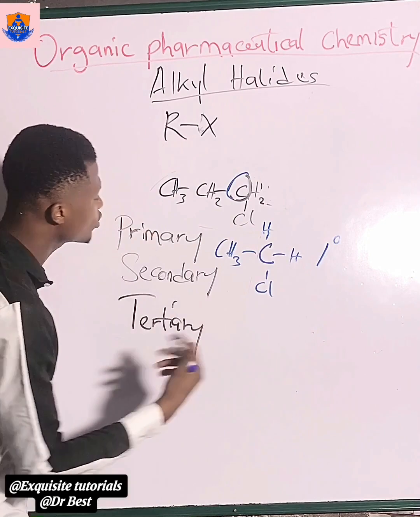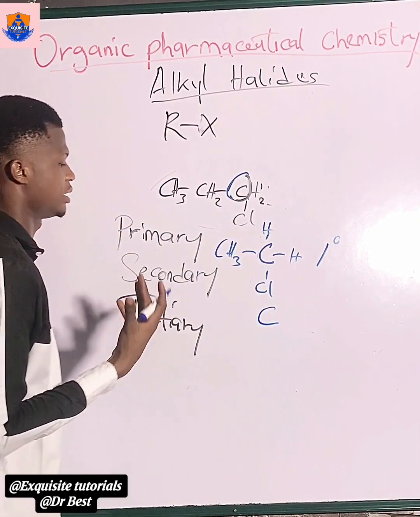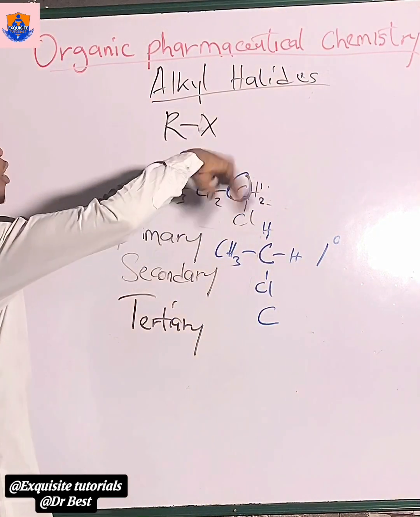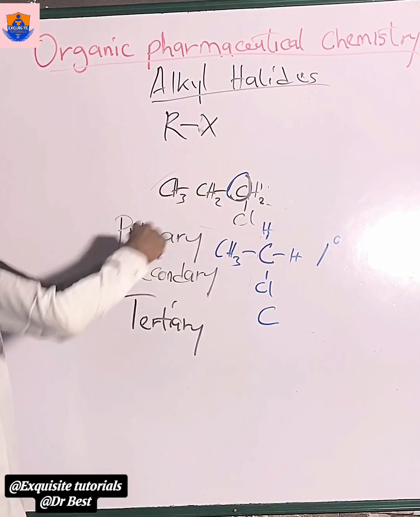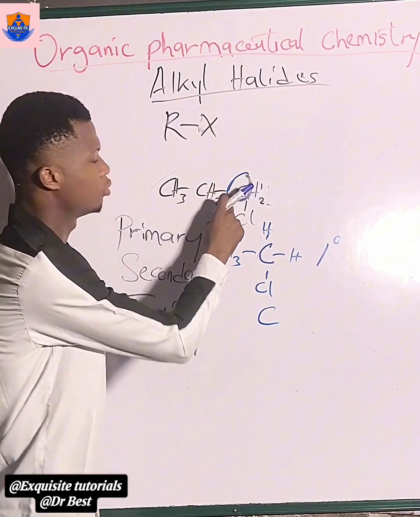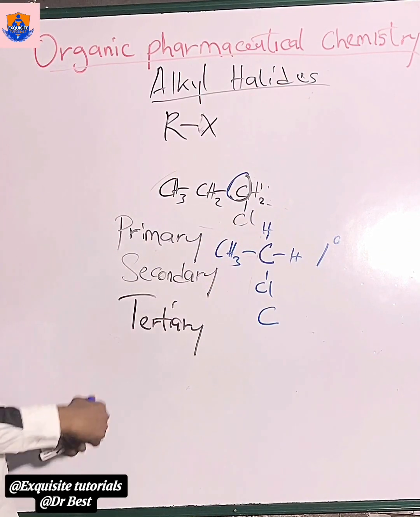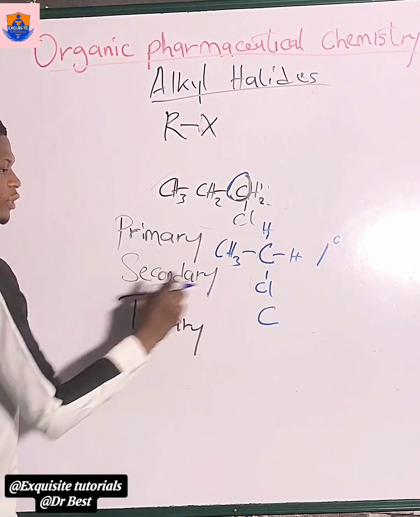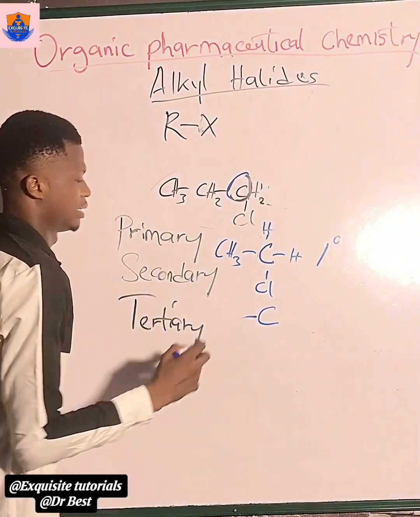Now, let's go further. Secondary alkyl halide. A secondary alkyl halide is when the particular carbon atom, remember, among all the carbons in the compound, we are only concerned about that particular carbon which the halogen is bonded to. Now, let's say we have another alkyl halide where you have something like this.